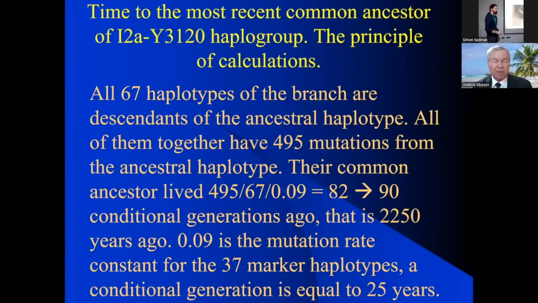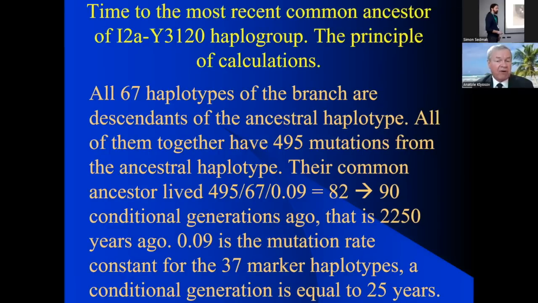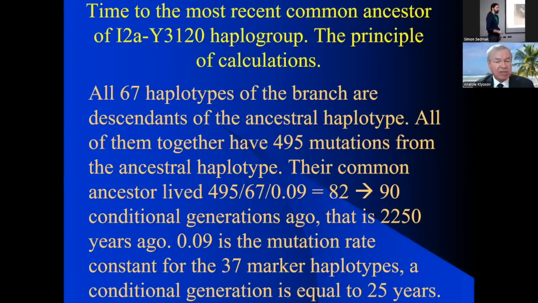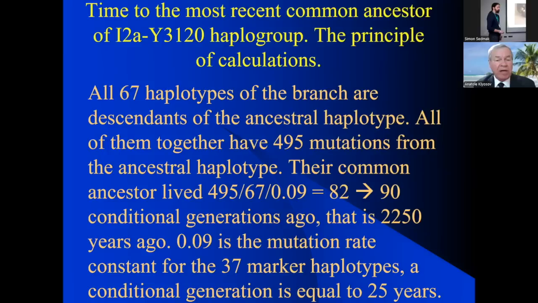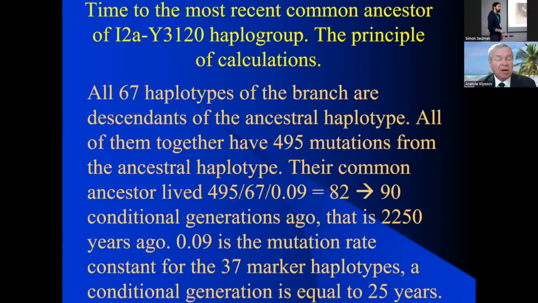So their common ancestor lived 495 mutations, divided by 67 haplotypes, and divided by 0.09, which is the mutation rate constant for 37 marker haplotypes.